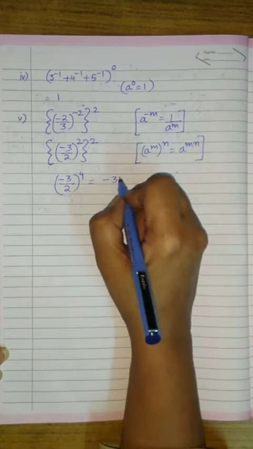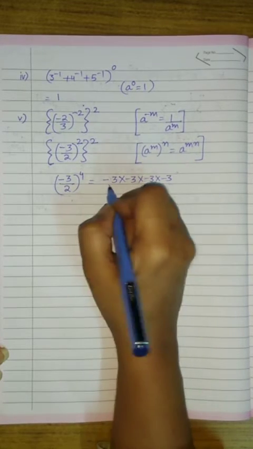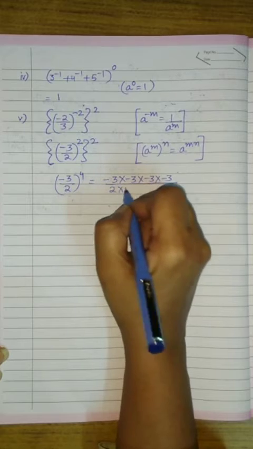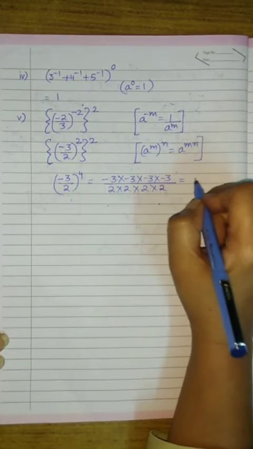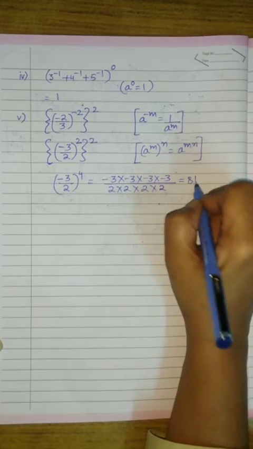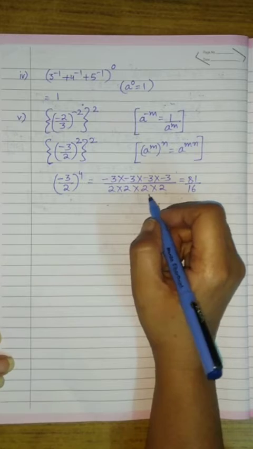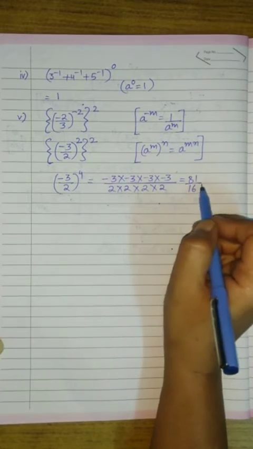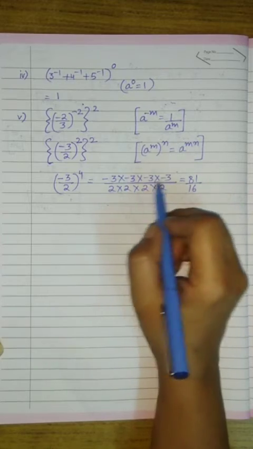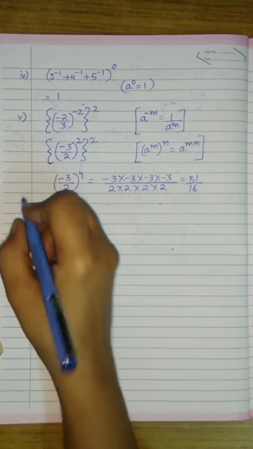So minus 3 will be written as 4 times in numerator, and 2 in the denominator also will be written as 4 times. On simplifying, we got 81 by 16. Now at this step, we have separated the terms in the numerator and denominator and multiplied them according to the power given. So our answer is 81 by 16.